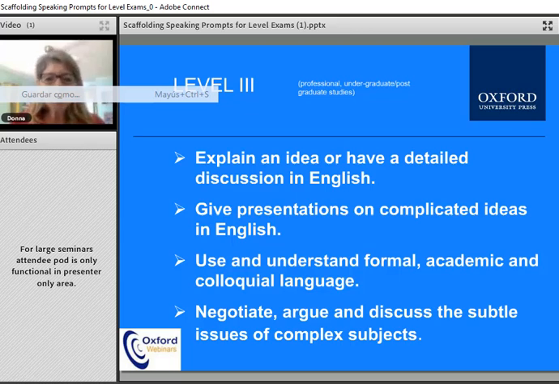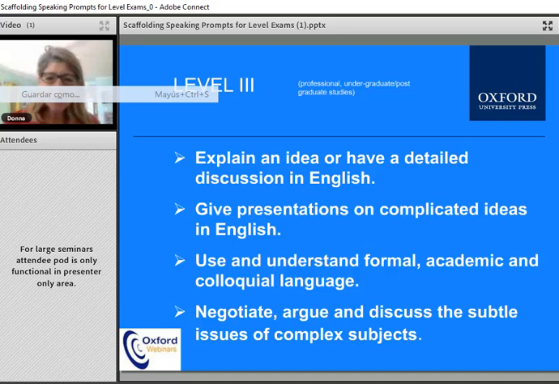Use and understand formal academic and colloquial language, know the difference, and be able to negotiate, argue, and discuss the subtle differences of complex subjects. So they say in a lot of exams, you need to speak as if you're native, which I think is a little unrealistic, but anyway, you need to have a wide breadth of English. All right, so everyone okay with those 3 levels? Because that's what we're going to base the rest of the talk on.